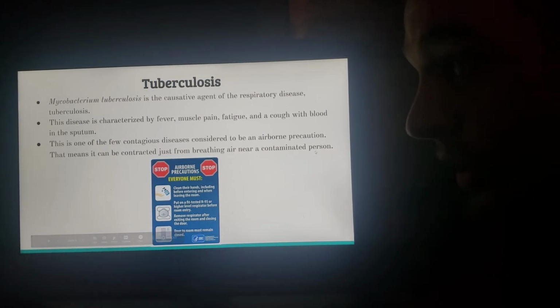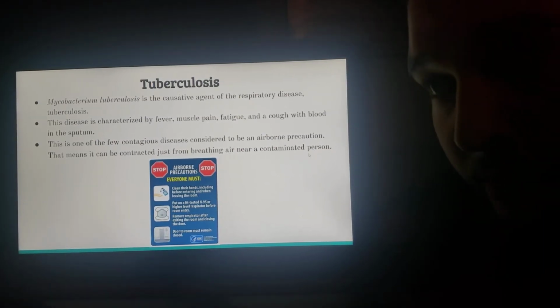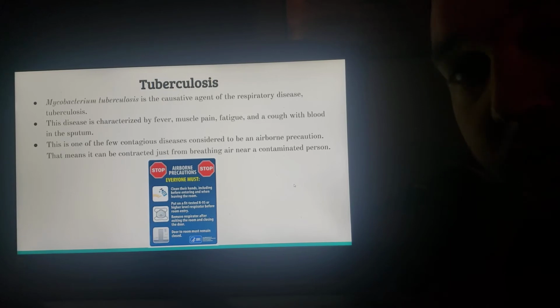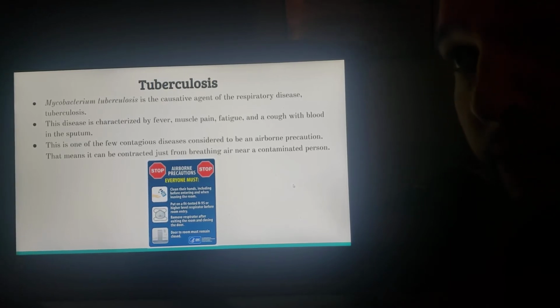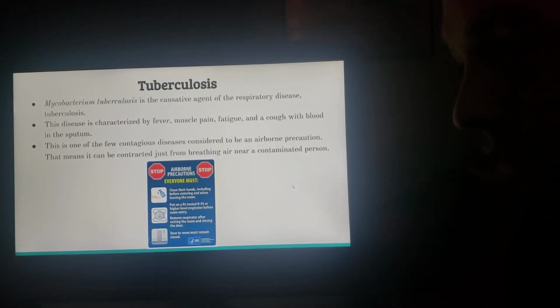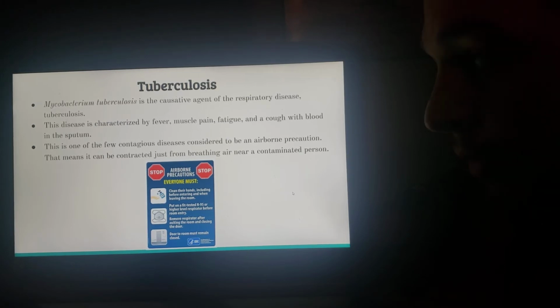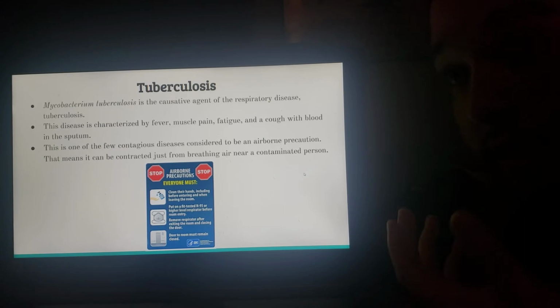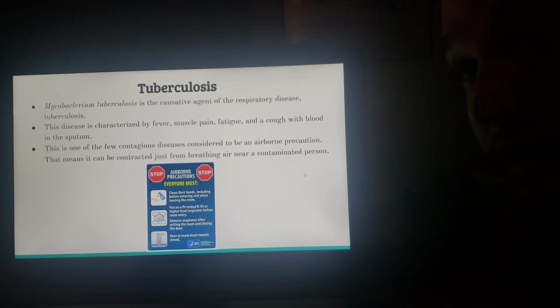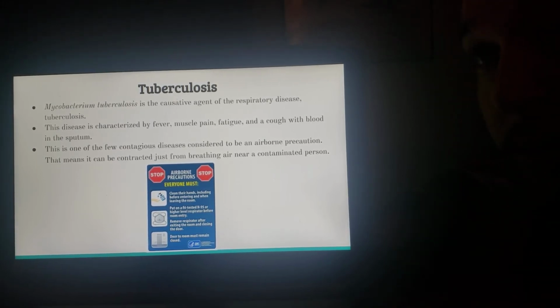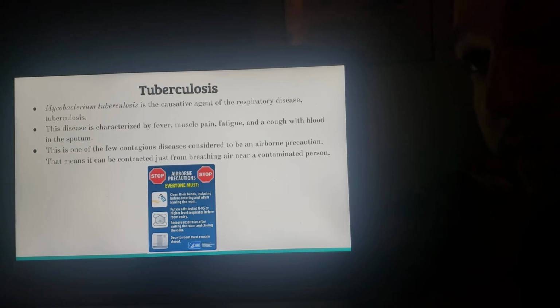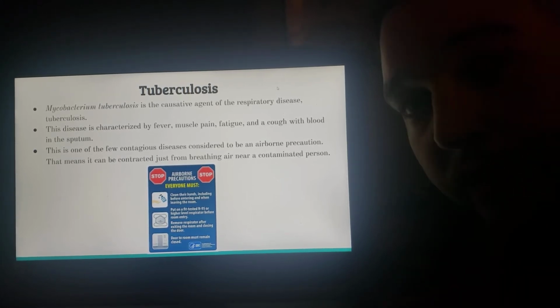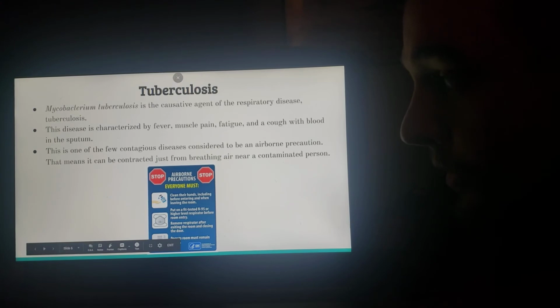It is the causative agent of the disease tuberculosis. This is characterized by a fever, muscle fatigue, and a cough with blood in your sputum. It's one of the few diseases that are considered airborne, so you have to take whole different precautions than with most other contagious diseases, because you can get it from just breathing in air close to people who have it.